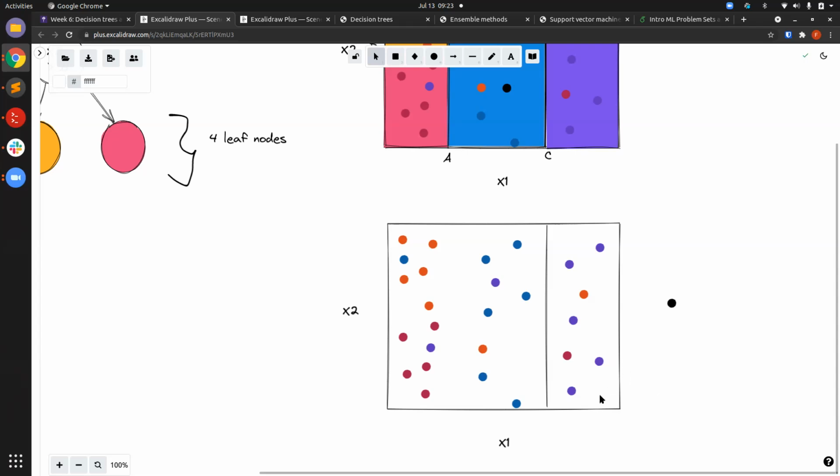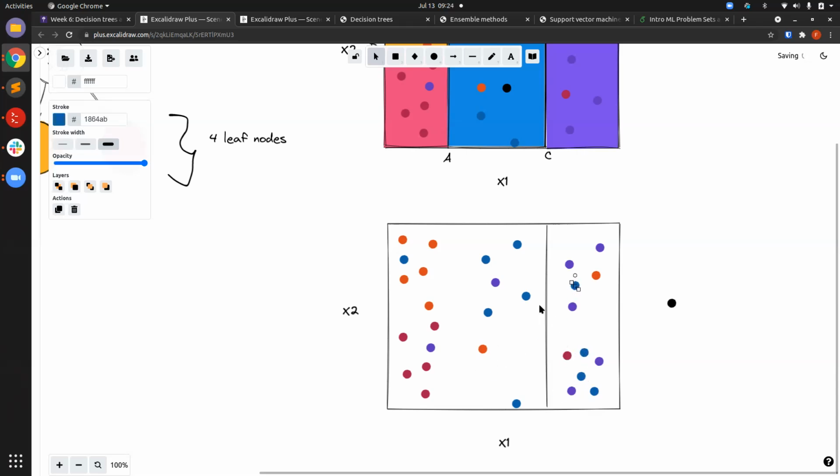Let's think for a moment about why classification error might not be the best choice. Suppose at this stage, I'm going to put some more blue points in here.